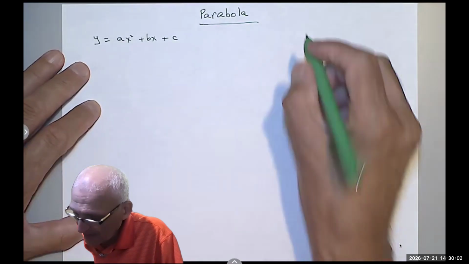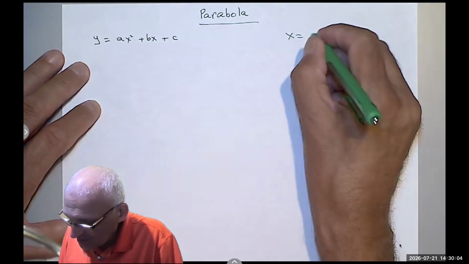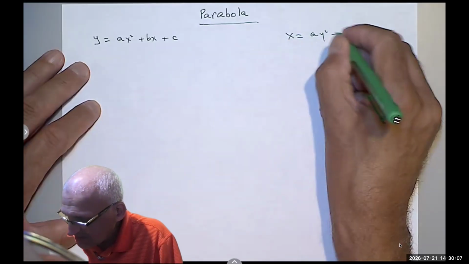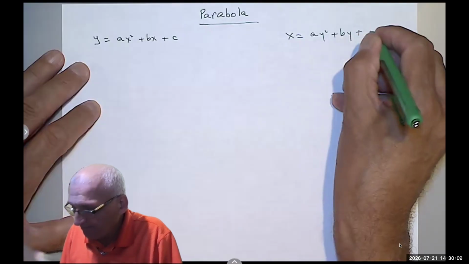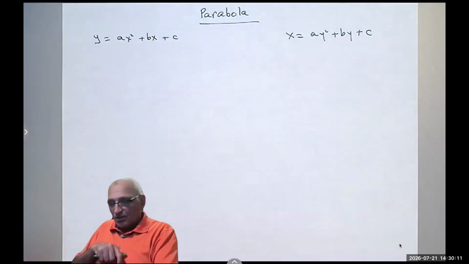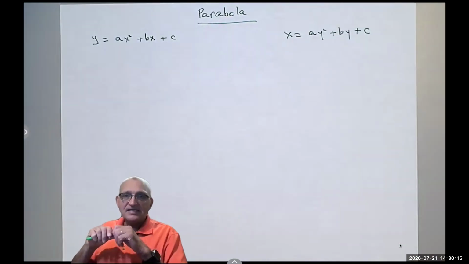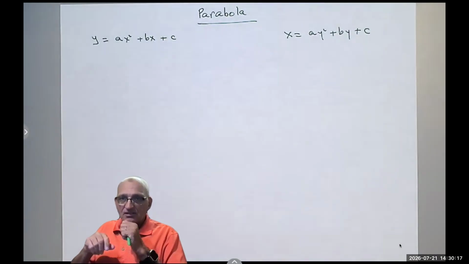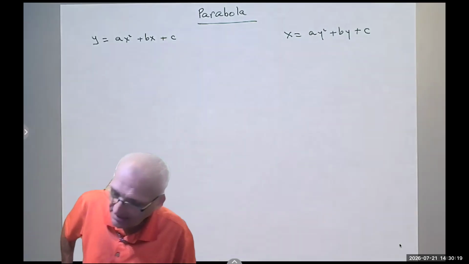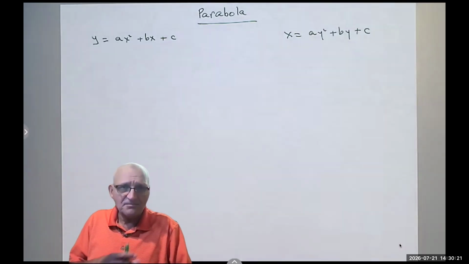Or I can write it as x equals ay squared plus by plus c. We learned about the first one because that's a function. We didn't learn about the second because that's a relation. It fails the vertical line test, but the idea is the same.